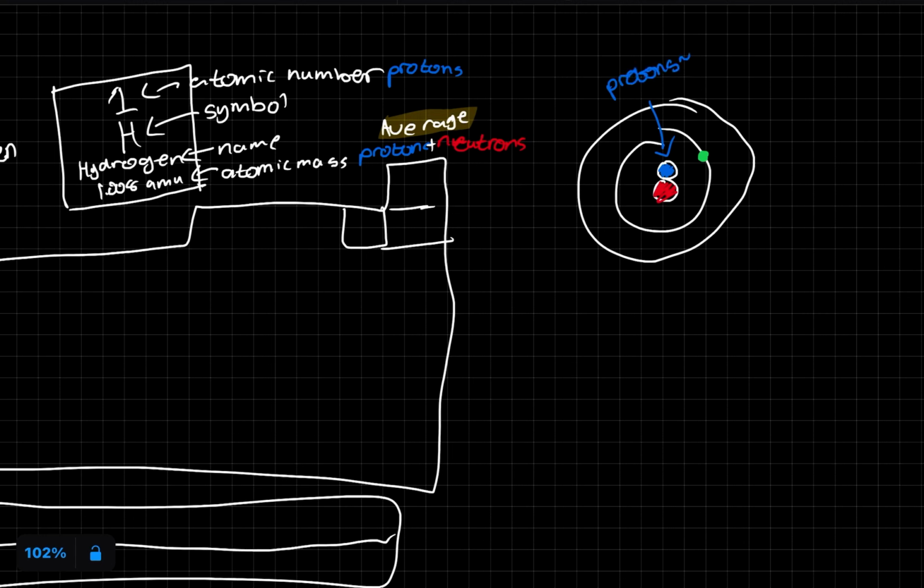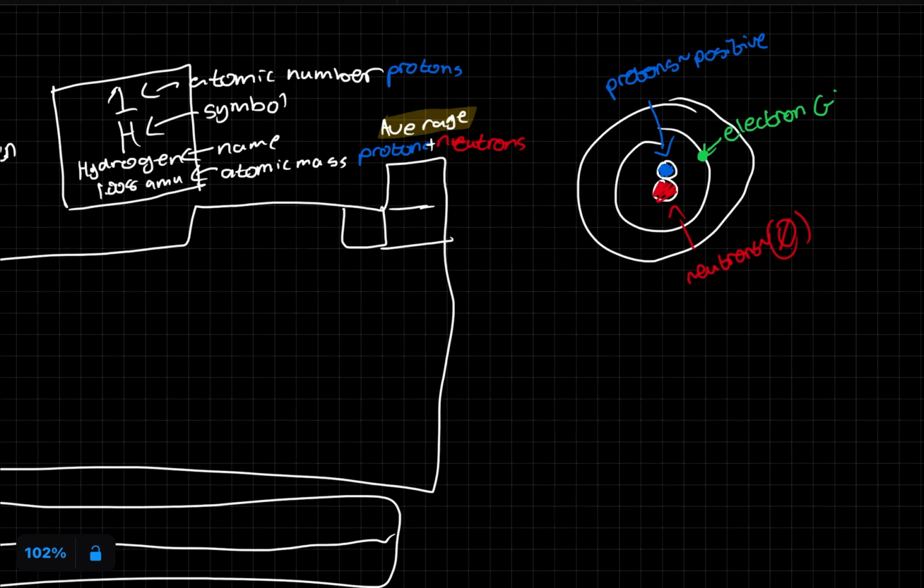They're just a particle with a positive charge. Neutrons have a neutral charge. Their charge is essentially 0. And that small little green dot is an electron, and they have a negative charge.